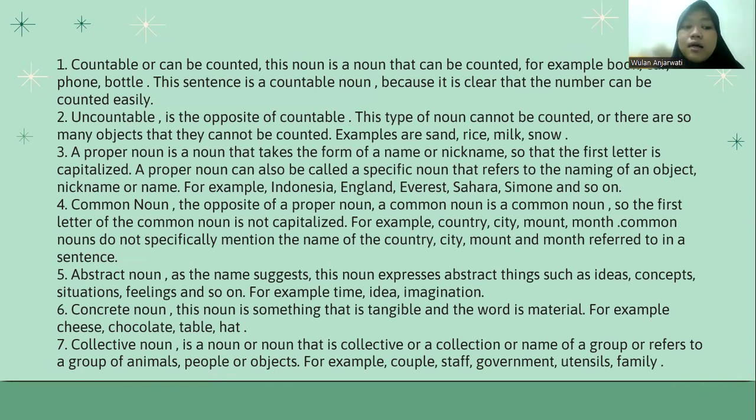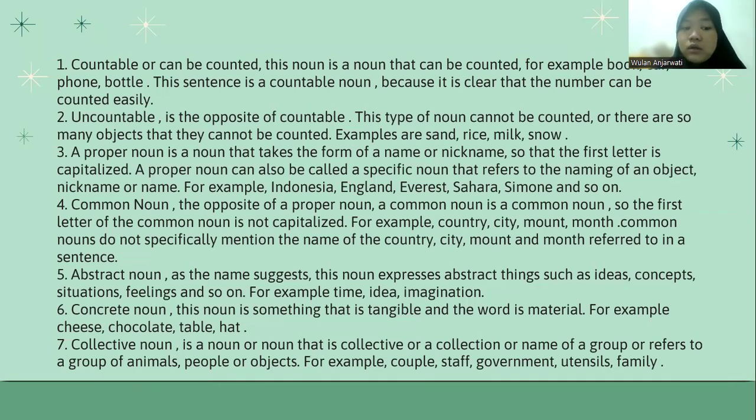And next, there is a proper noun. It is a noun that takes the form of a name or nickname, so the first letter is capitalized. A proper noun can also be called a specific noun that refers to the naming of an object, nickname, or name. For example, Indonesia, England, Everest, Sahara, Simon, and so on.